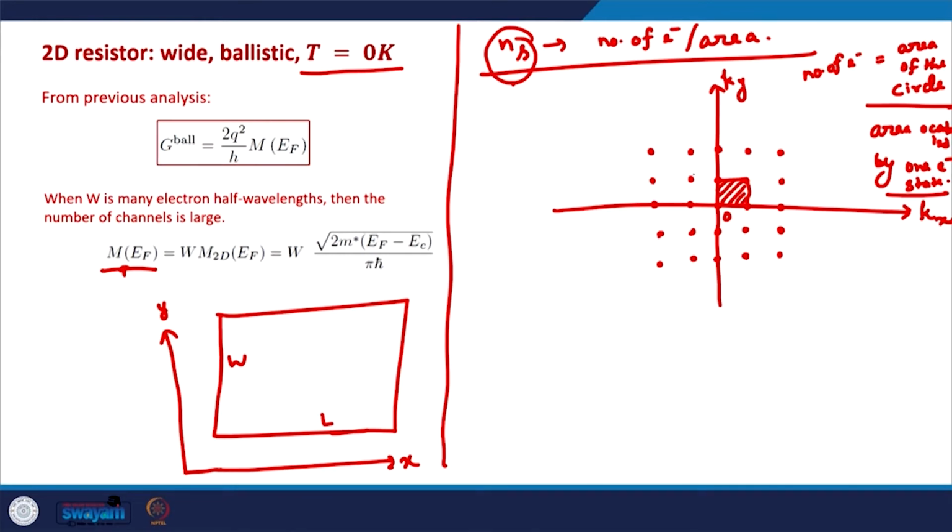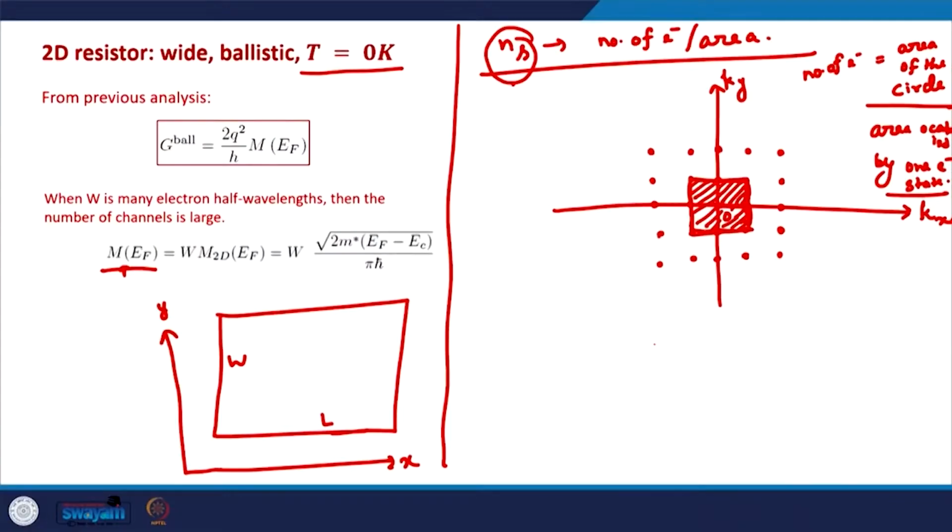However, we also saw in our discussion of density of states that this set of k values and this set of k values and this set of k values essentially represent the same wave function. So, what we can say is that the area occupied by an electron is this, or if we consider the spin, this is the area occupied by two electrons. So, two electrons, one with up spin, one with down spin, will occupy this amount of area.